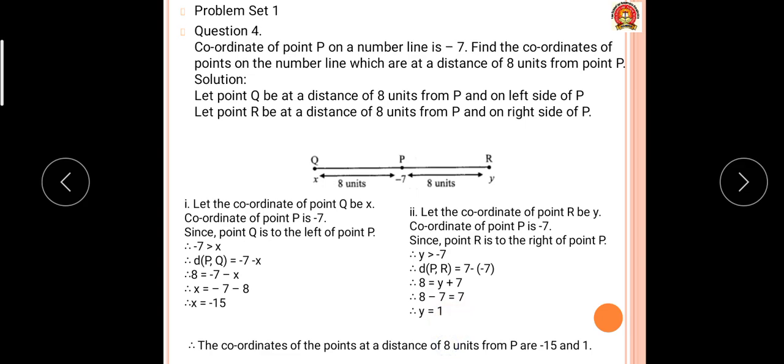Therefore y is equal to 1. Okay students, this is 1, and therefore y is equal to 1, and the points at a distance of 8 units from P may be -15 and 1. Yes, because both possibilities occur.